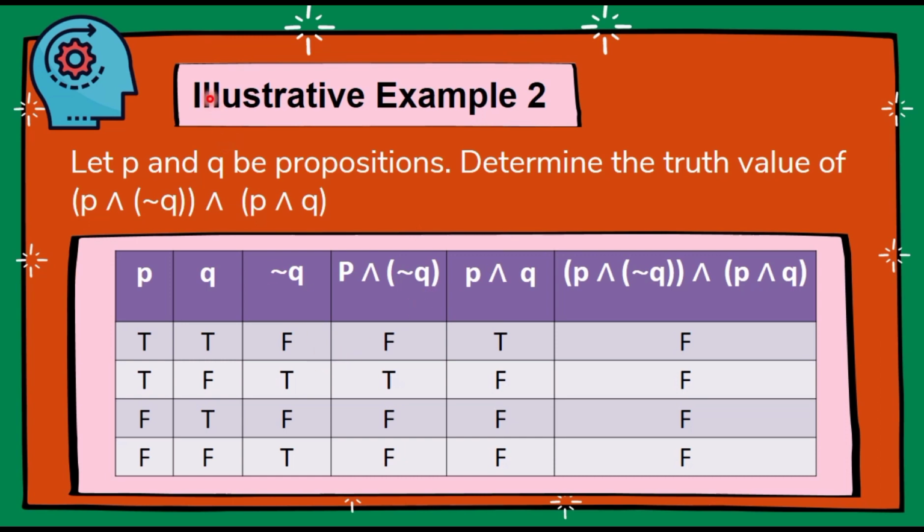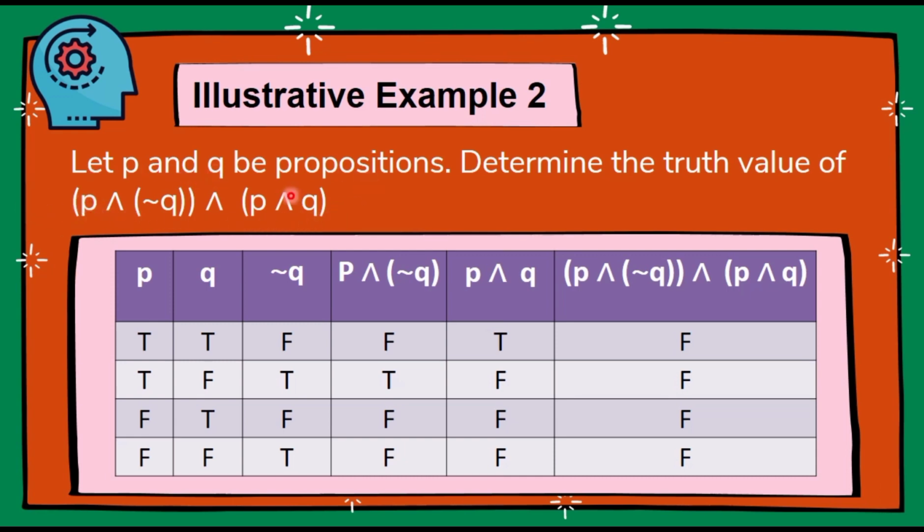To fully understand the truth value of the proposition, let's have another example. Illustrative example number 2. Let P and Q be propositions. Determine the truth value of P and negation of Q and P and Q. So what will be our first step? So our first step is to determine the number of columns we need to find to simplify the compound proposition.